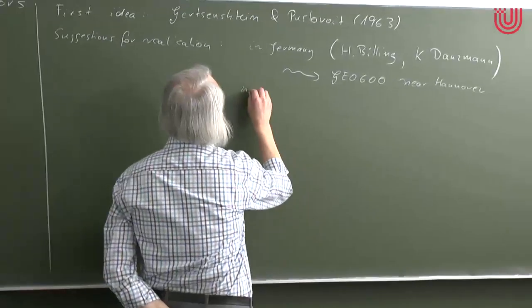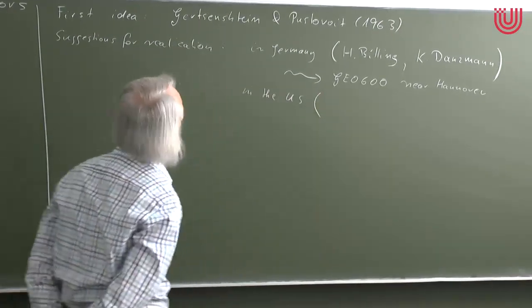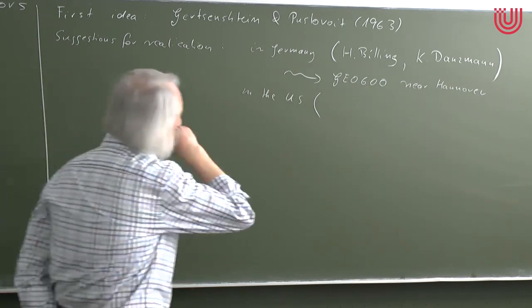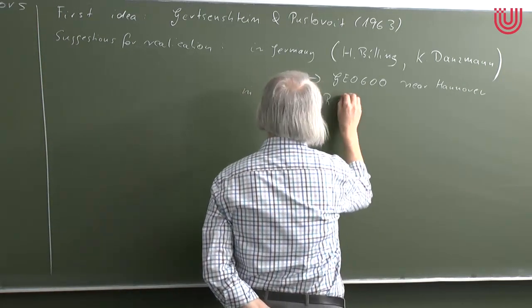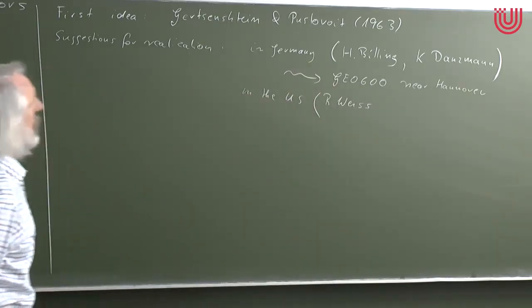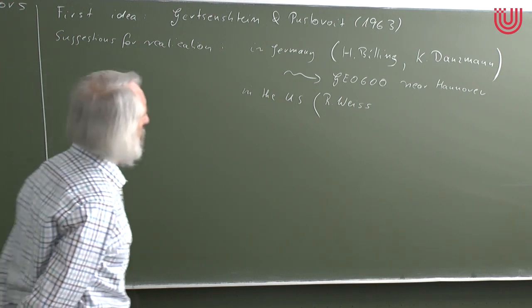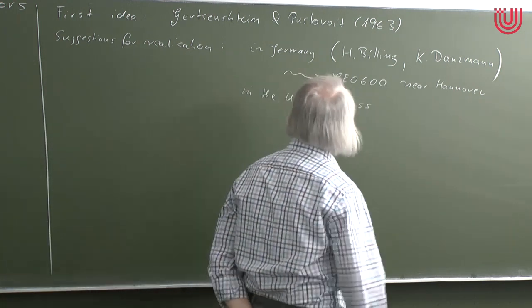And in the US, there were three founding fathers. One was Rainer Weiss, German-born, but since his early childhood a citizen of the United States. He's an experimental physicist, also an important science manager.